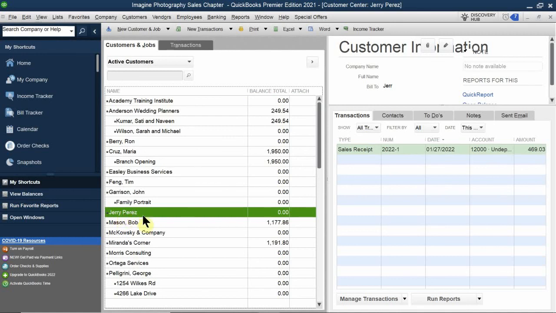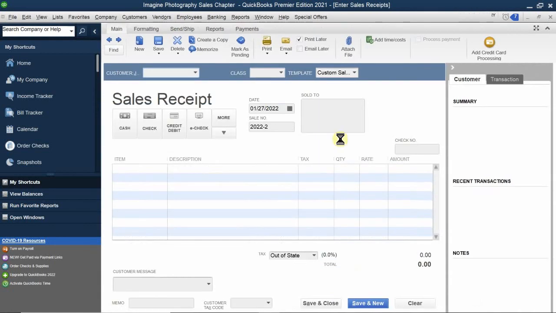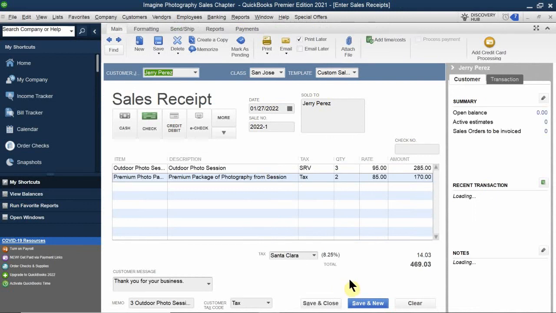But when I click on him, right here, there's his sales receipt. One thing I forgot to add is going to be his check number. Okay, his check number. I forgot to add that in there. So here's a little food for thought. I do think this is kind of weird, but the check number is way over here. Okay, so that's why sometimes it could be very easy to miss.